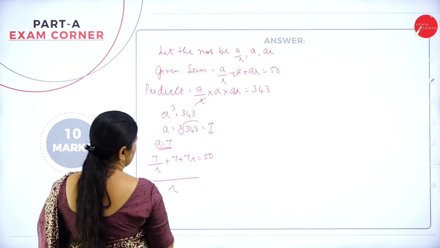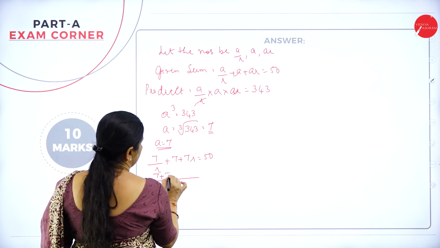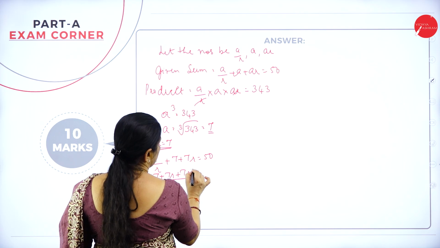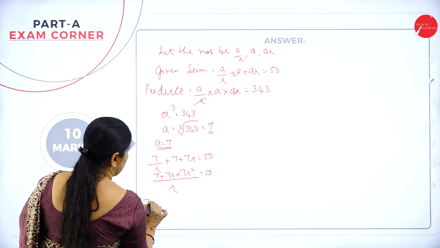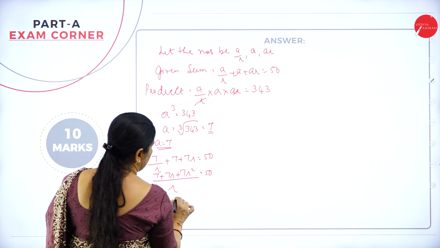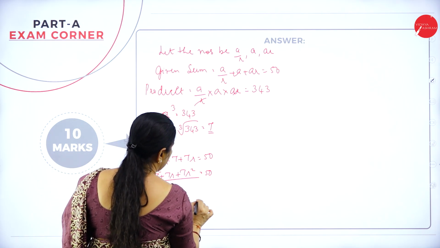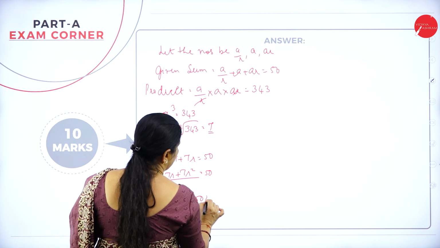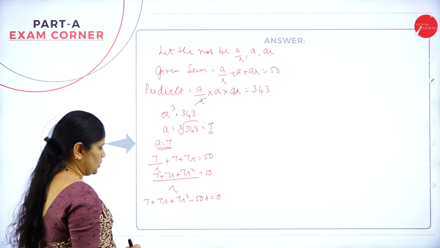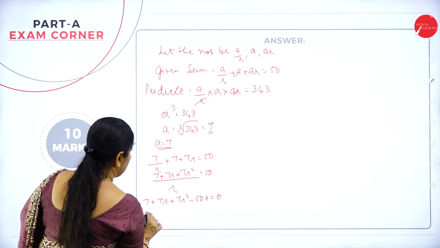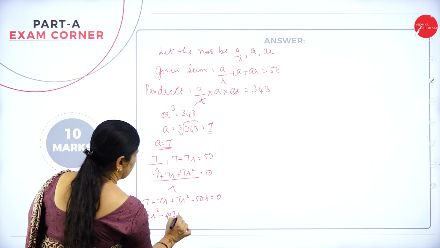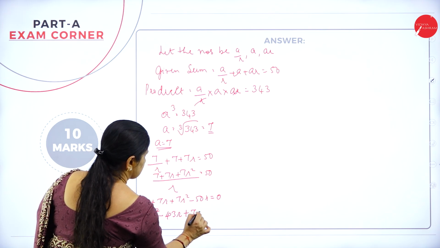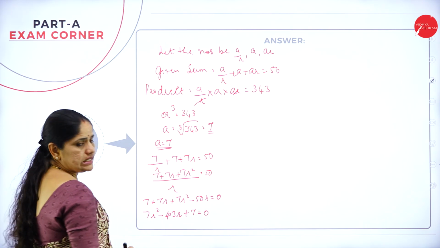Now, when I take the LCM, 7 plus 7R plus 7R square equals 50R. So, this will be 7 plus 7R plus 7R square minus 50R equals 0. So, when I further simplify this, 7R square minus 43R plus 7 equals 0.